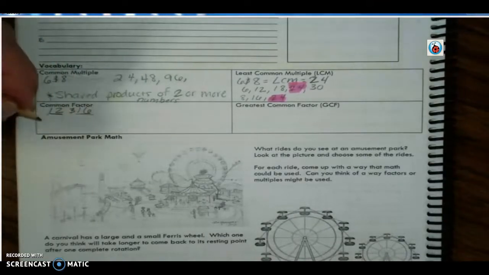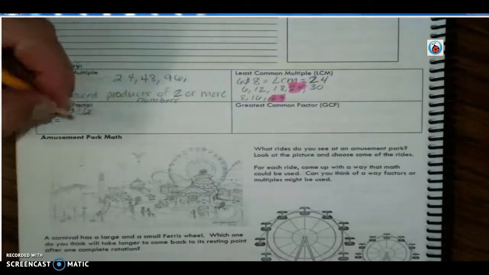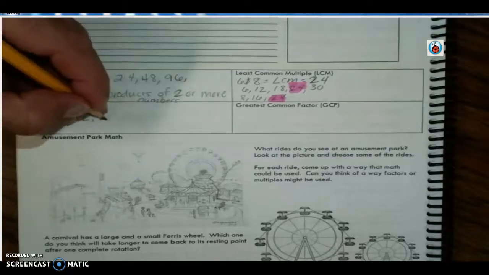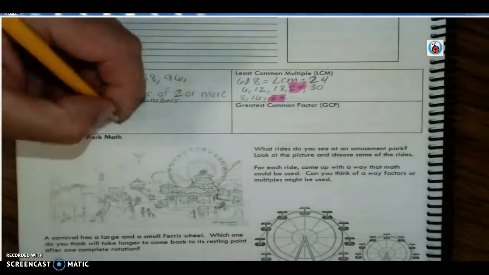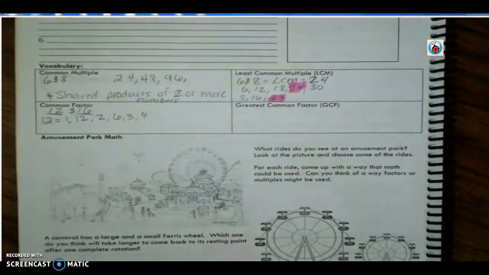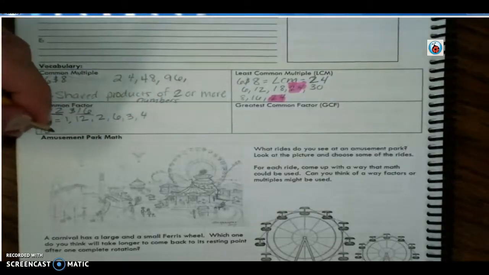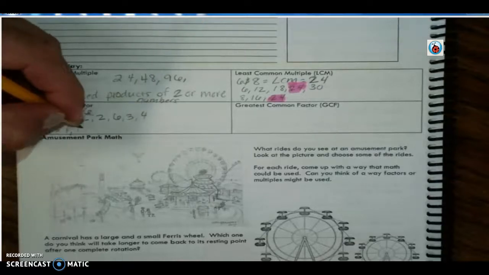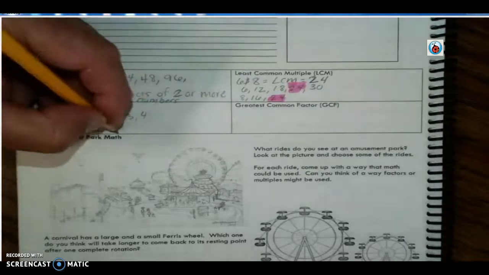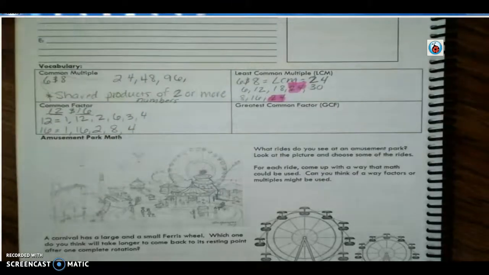So for 12, the factors of 12 are 1 and 12, 2 and 6, 3 and 4. And for 16, it's going to be 1 and 16, 2 and 8, and 4.